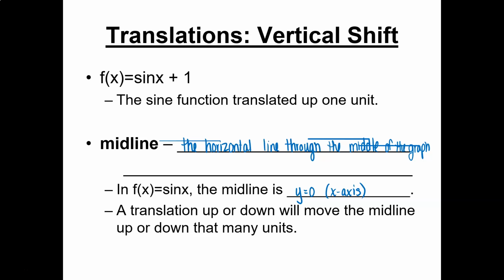A lot of times for these problems, it will not ask you what the vertical shift is. It'll ask you what the midline is. For example, if they asked me for the midline of this problem right here, I would say the midline is y equals positive 1. So midline in general is pretty easy to find from the graphs. Most students are pretty good at midline.